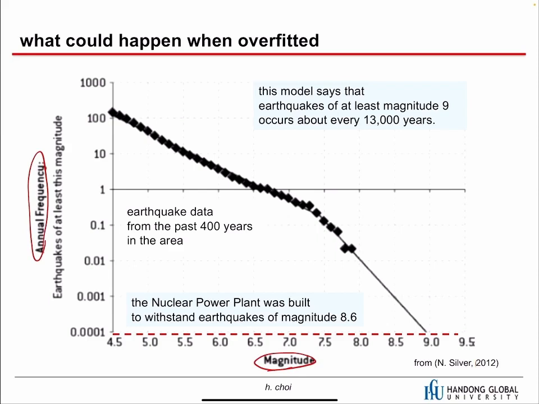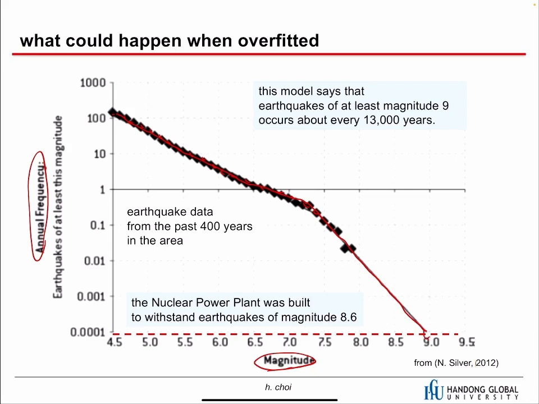So these are the samples, and then they made a model like this. Based on this model, the earthquakes of at least magnitude 9 occur about every 13,000 years.